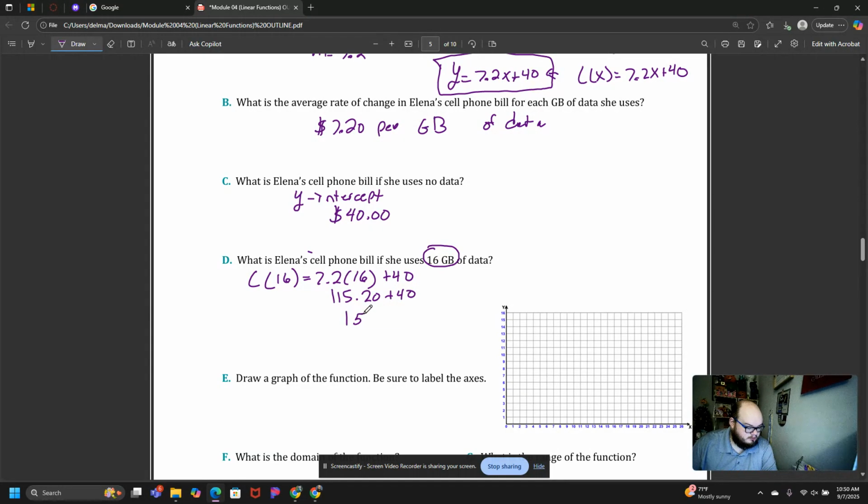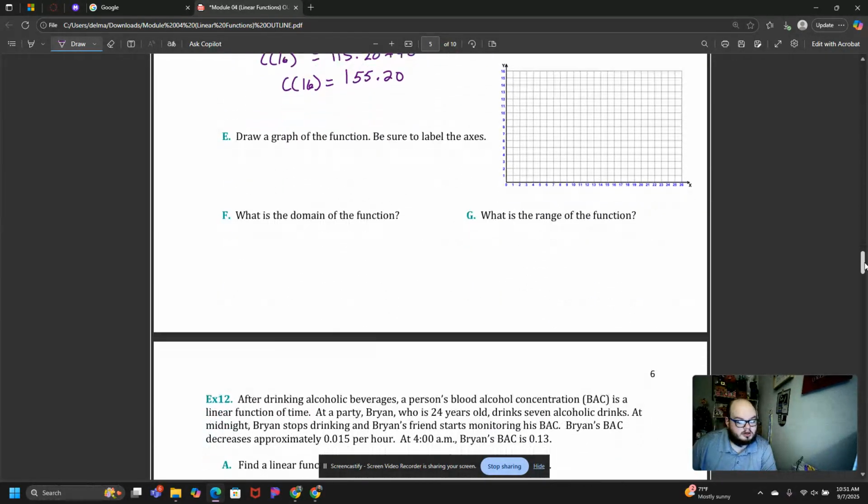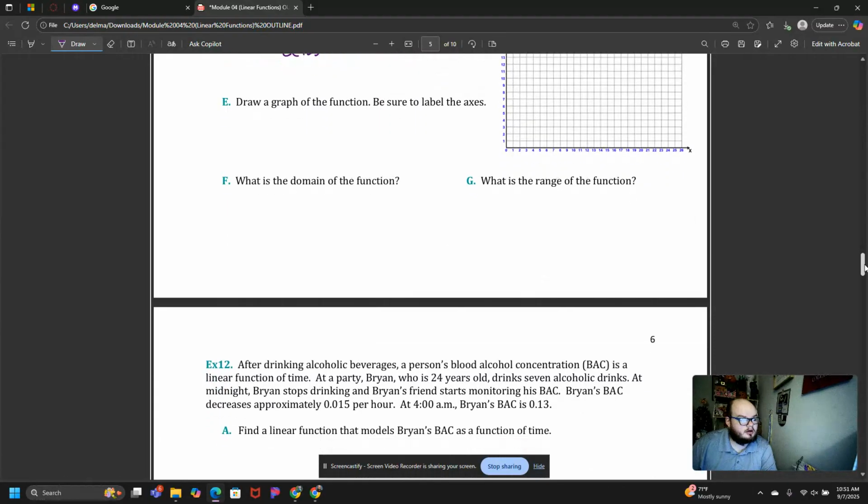So that's 155.20. Okay. And I'm going to leave the graph to you all because I don't want this to be too awfully long. And it's already going to be.